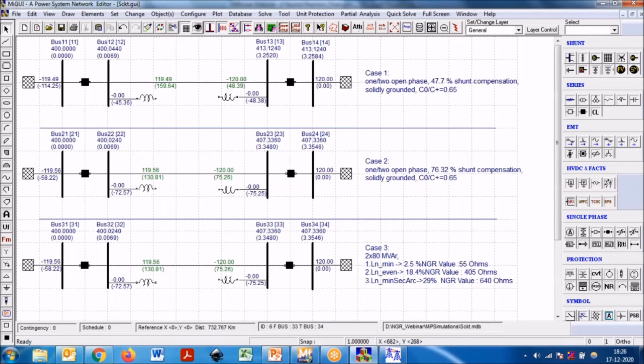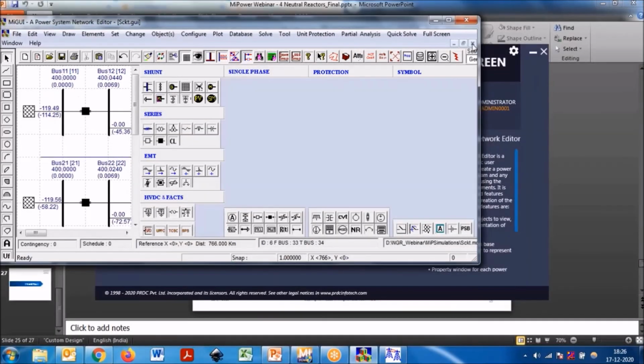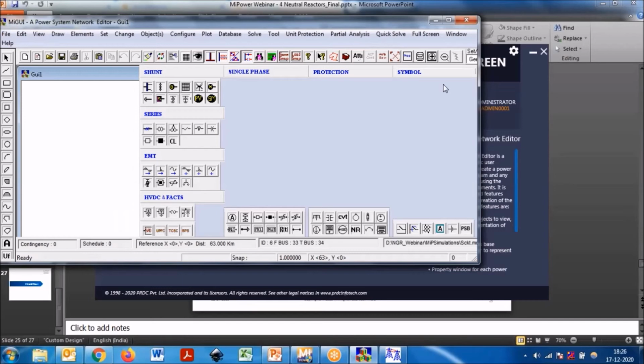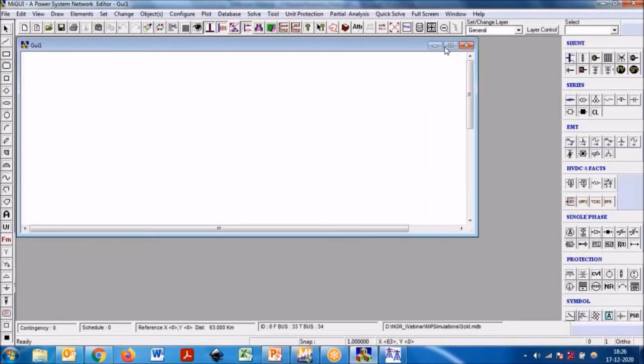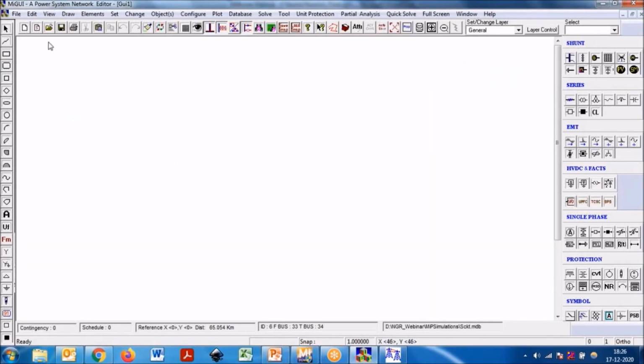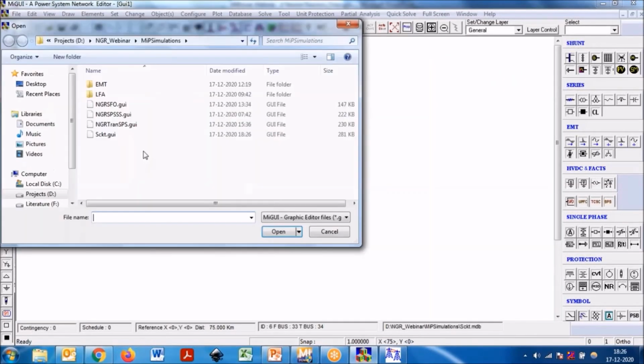This is just to understand the concept of the resonance phenomena for uneven breaker pole operation. Now let me go to the other case; let me open it.